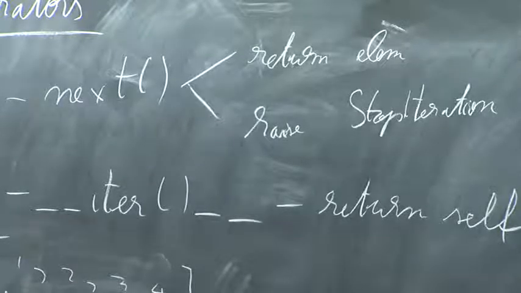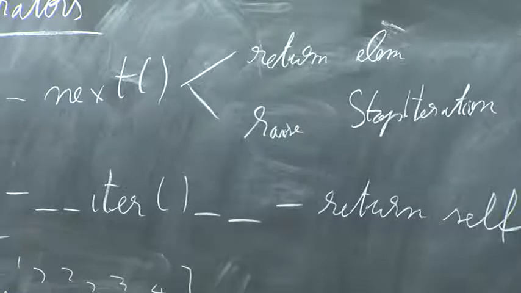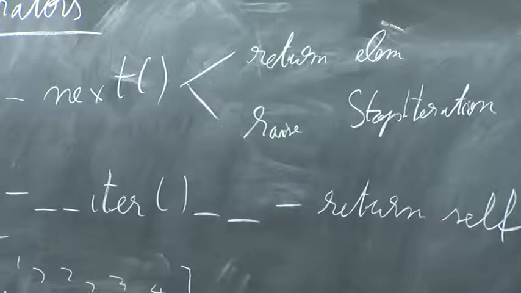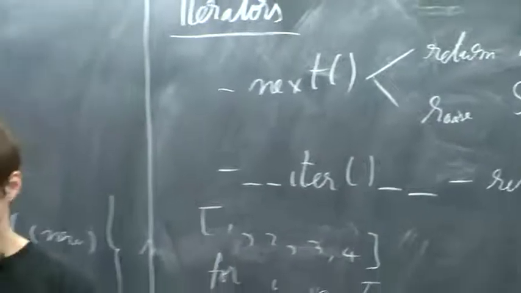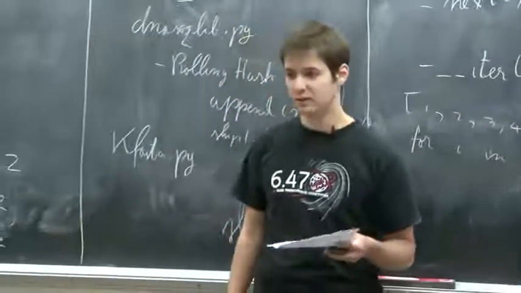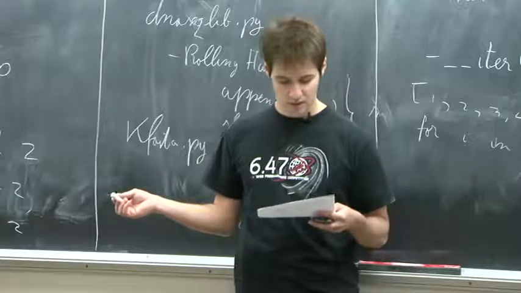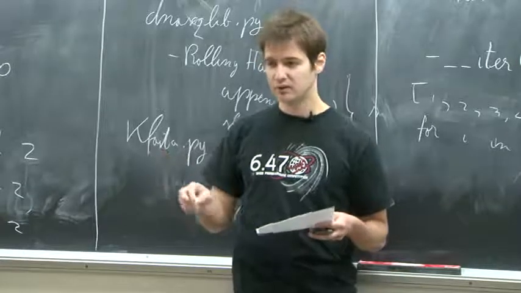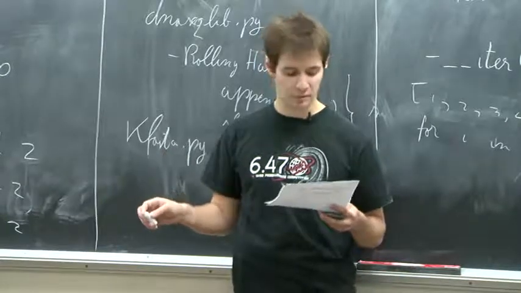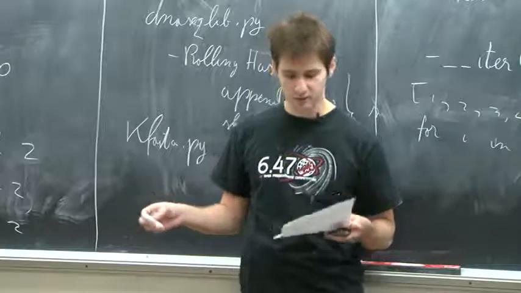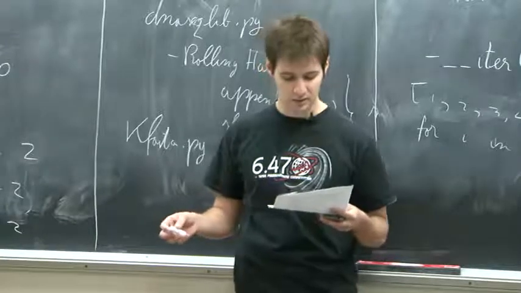OK, let's look at the last page. The last page has an iterator on top. And the iterator computes, given a list, the reverse of that list. And you can see that it doesn't reverse the list and then keep the reversed list in memory. Instead, every time you call next, it does some magic with the indexes.